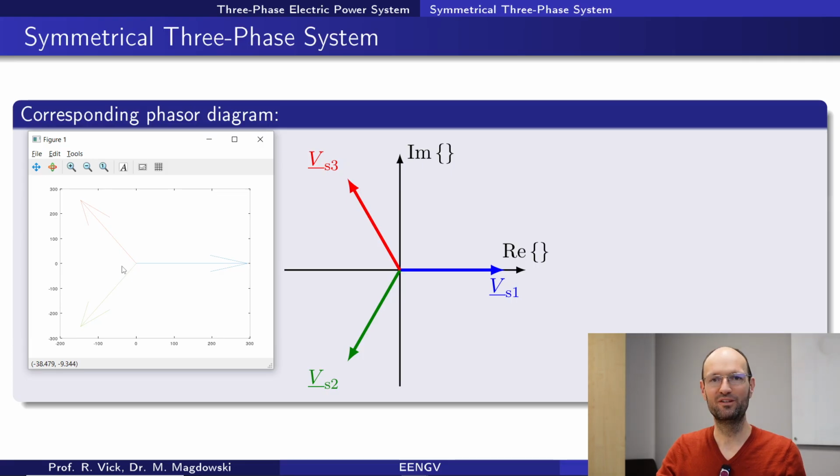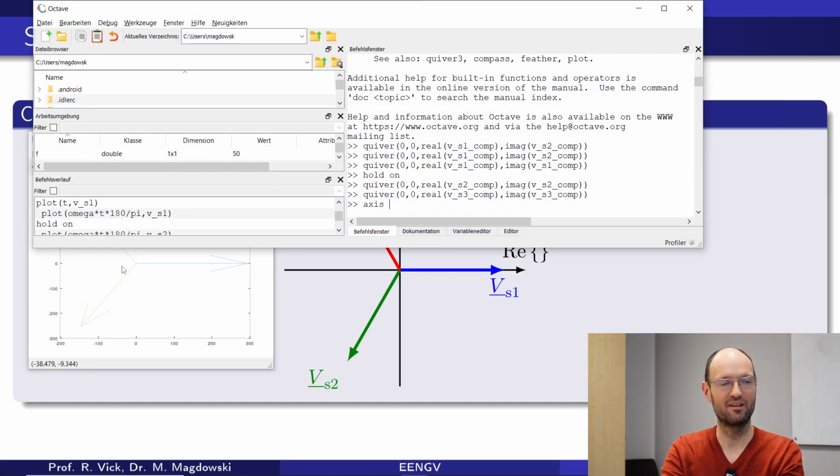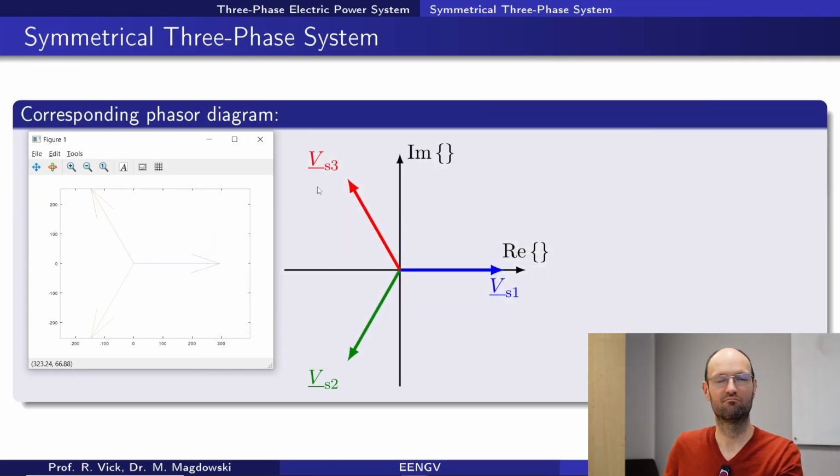So what could be the reason for this? Scales. Yeah, the scaling of the axis. So if we here say axis equal, both axes should be equally scaled, then this looks much nicer and much better. So this quiver plot would be some way to plot such phasor diagrams in Octave and MATLAB if you ever need to.